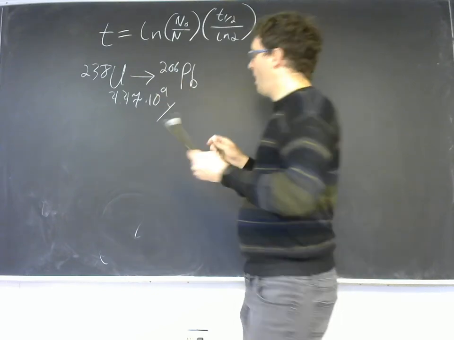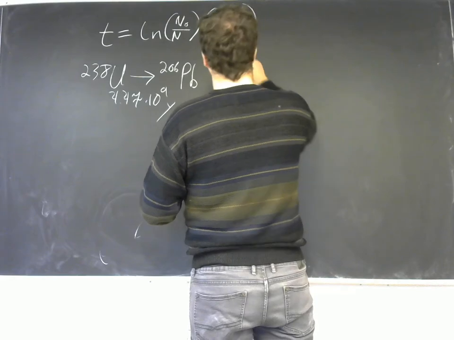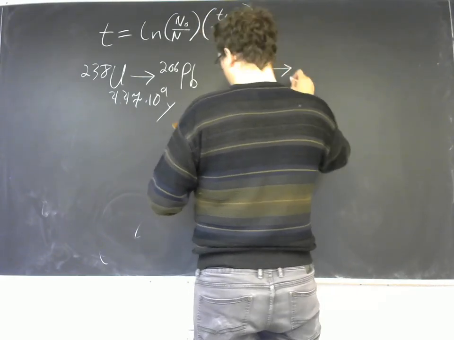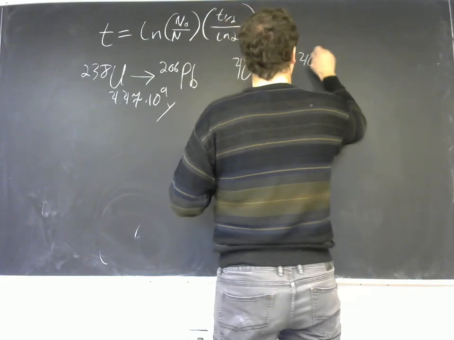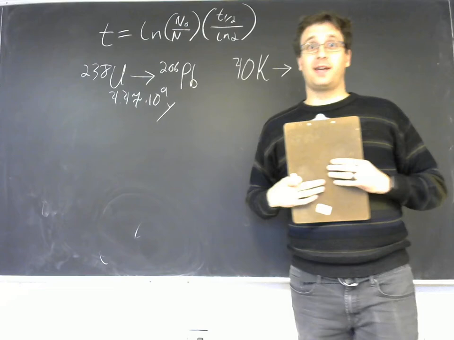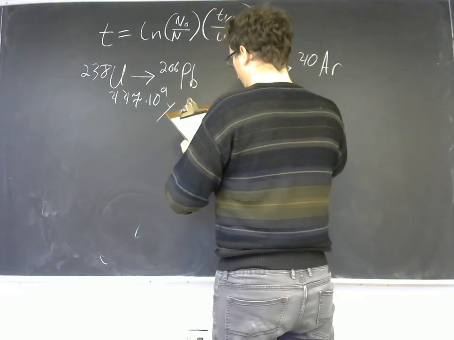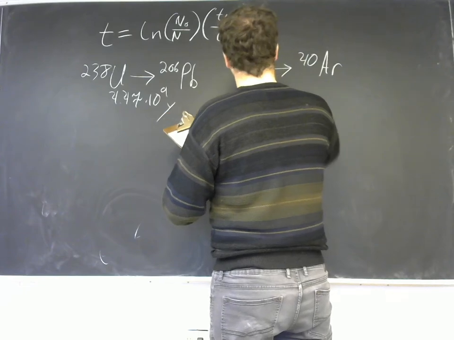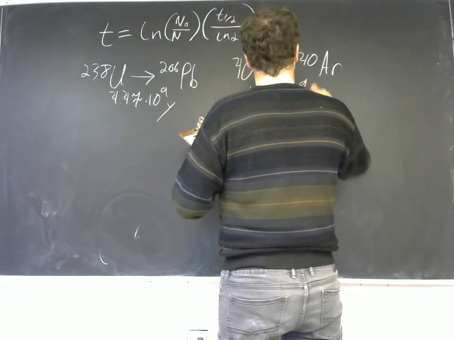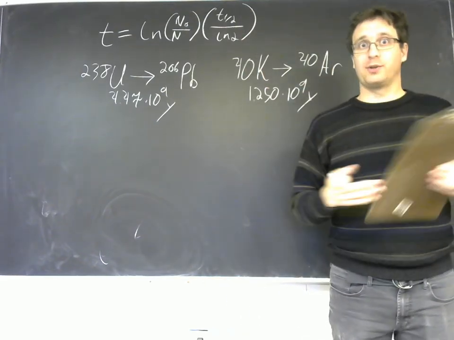Another isotope that is useful is potassium decaying to argon. This is a beta decay process, and it's only a single step. And potassium has a half-life of 1.250 times 10 to the 9th years. And so it's also on the order of 1 billion years.